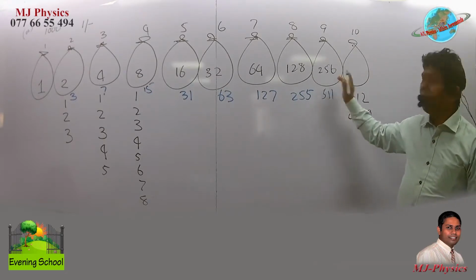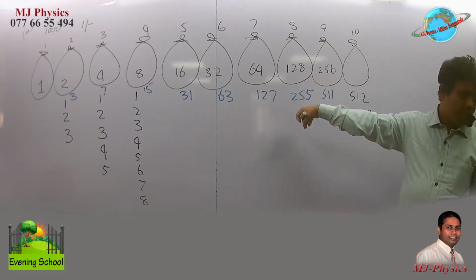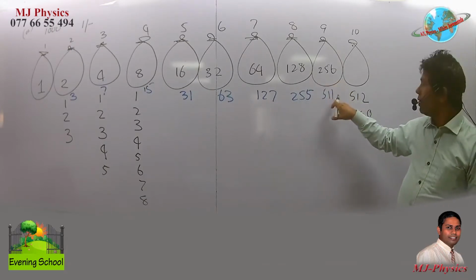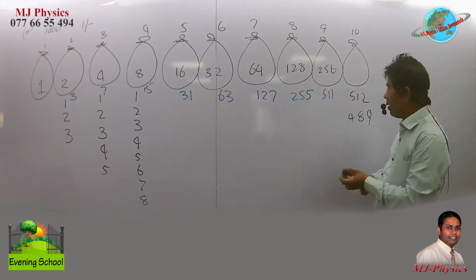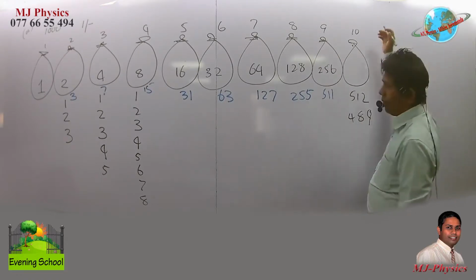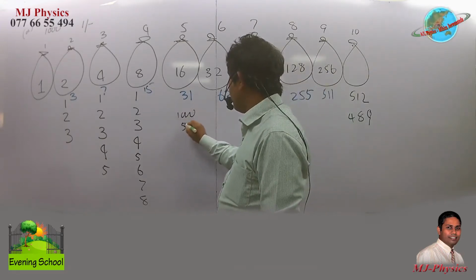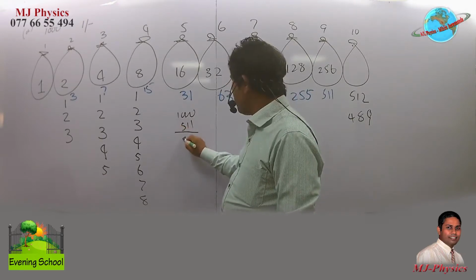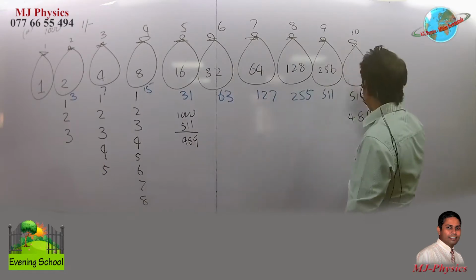Therefore 511 I have already inserted. That is the one which is already utilized. Out of 1000, I had 1000. 511 already used. 489. Now it is to the last bag.